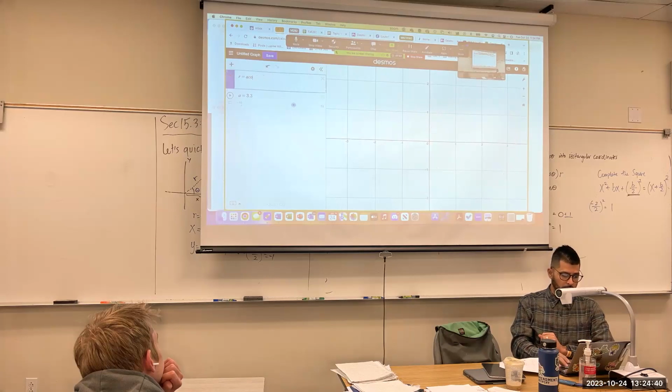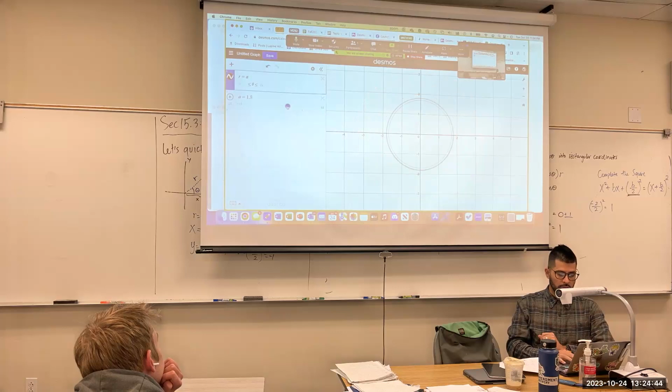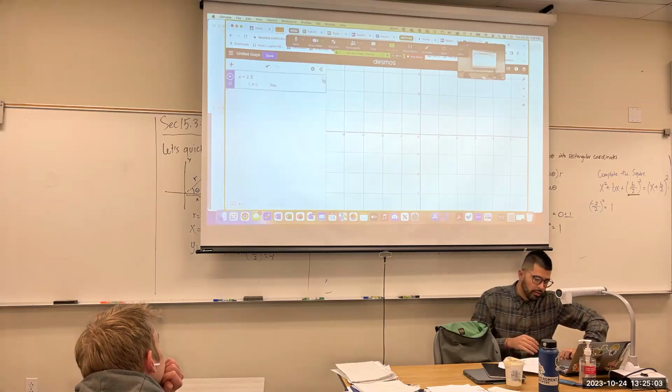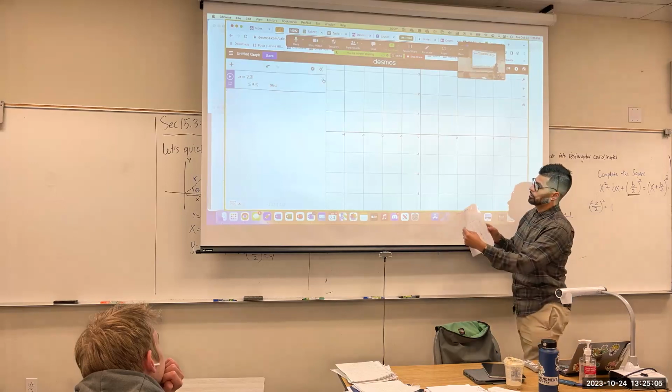If I don't have cosine, and I just have a, then you'll always have a circle centered at the origin of radius a. Then I think they show theta. I don't think it's going to graph theta. But for theta, you guys look at the top.